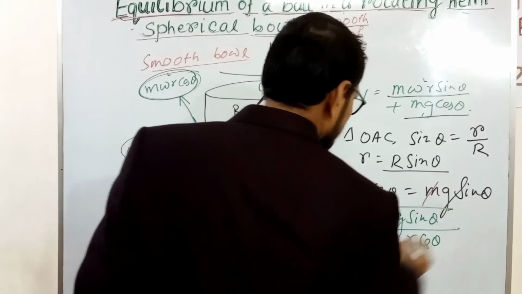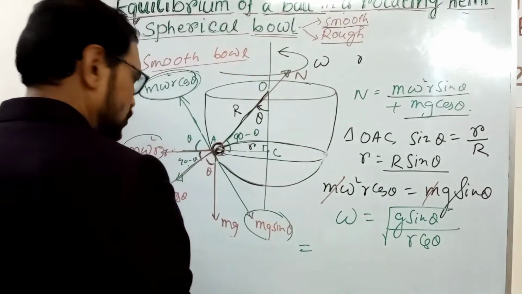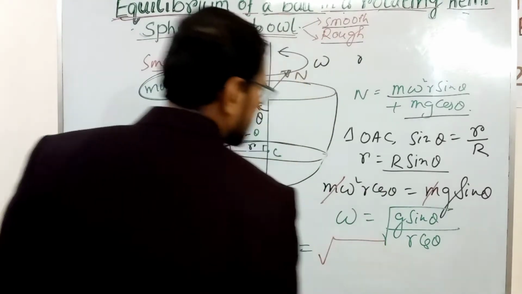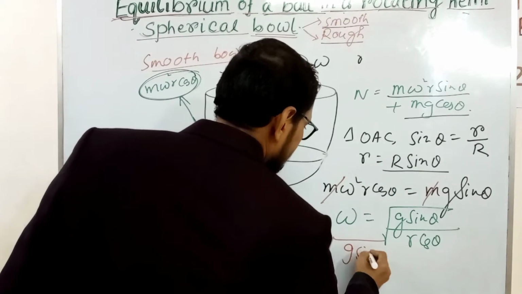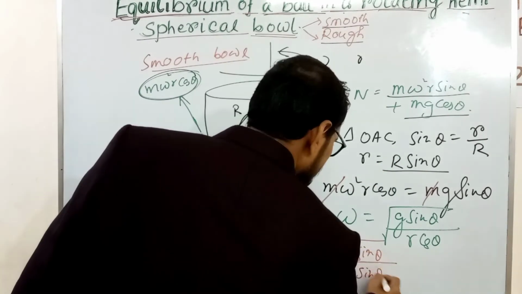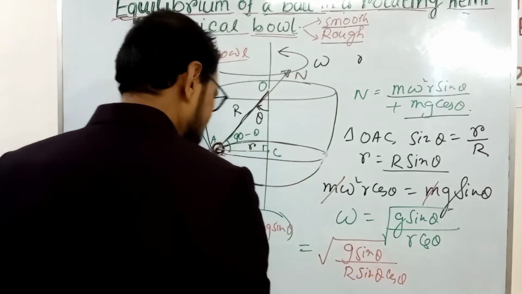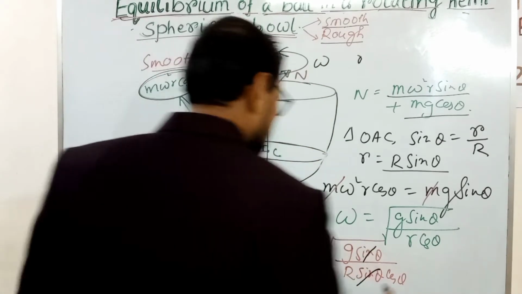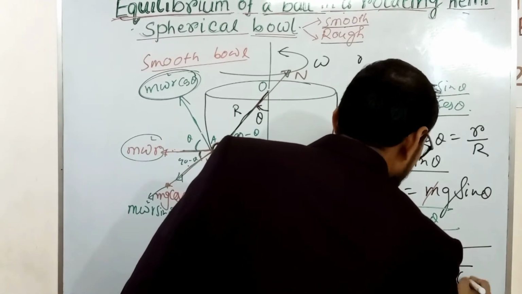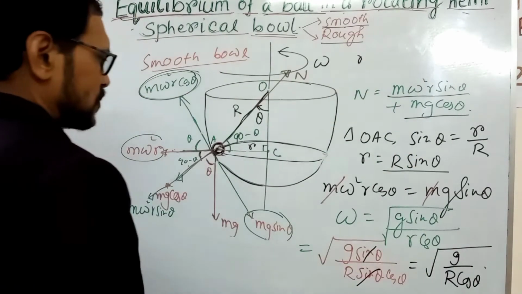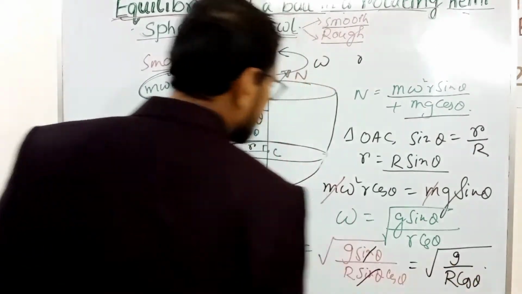Now put the value of small r equals R sin theta: g sin theta into R sin theta cos theta, cancel sin theta, so the result is root over g by R cos theta. So here angular velocity omega equals this is the answer.